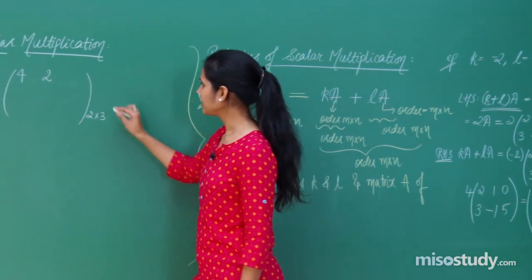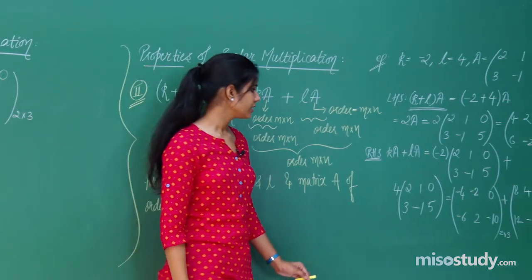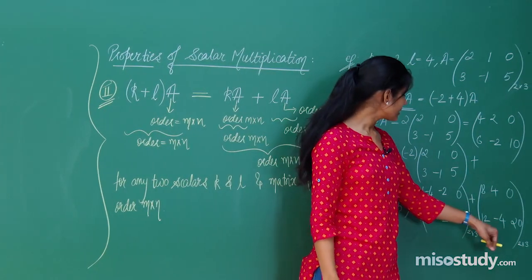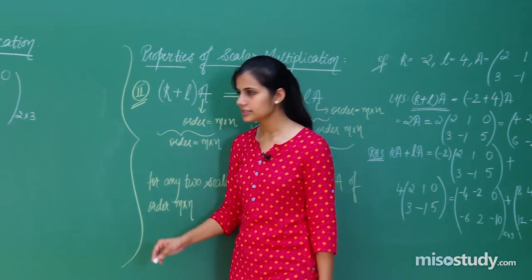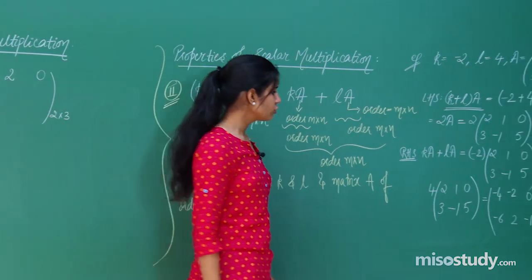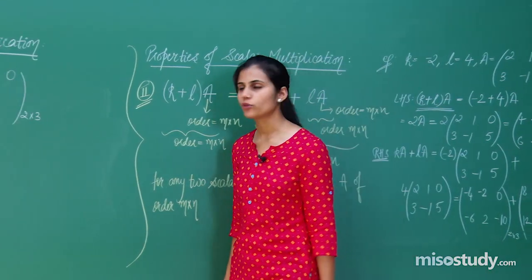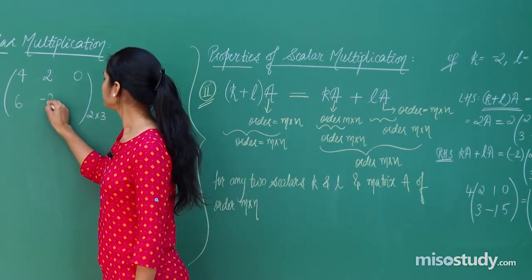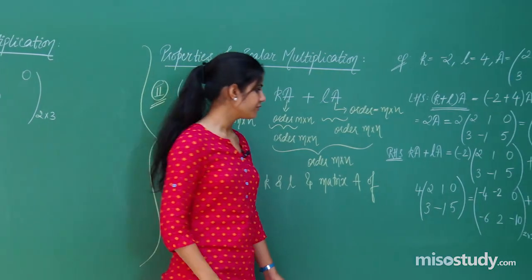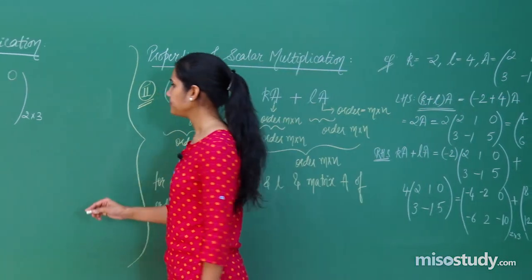Then 2/1th entry will be -6 plus 12, 12 minus 6 is 6. Then you have 2/2th entry, 2 minus 4, that is 2 plus -4, which is -2. And then you have -10 plus 20, which is 10.